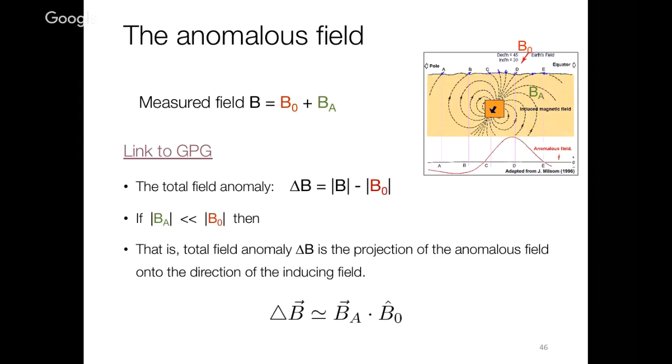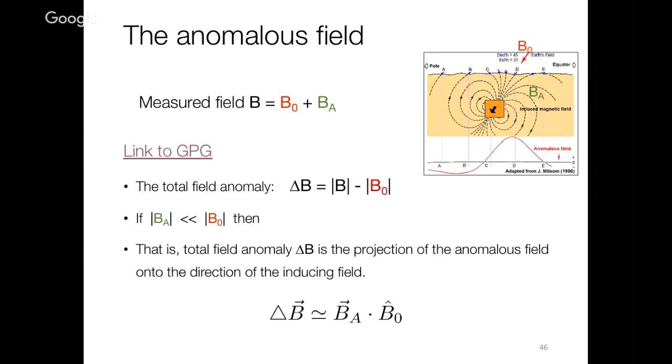So here's what we had. B is equal to B naught plus BA. That's what I have. What I measure is just the amplitude. And then that means I put the amplitudes up here, and then I'm going to subtract the Earth's field from it.